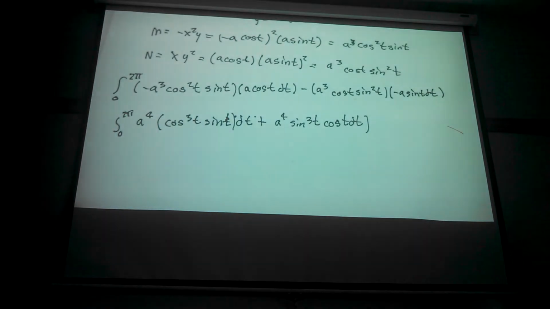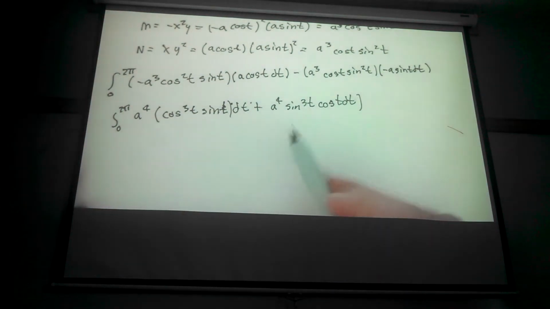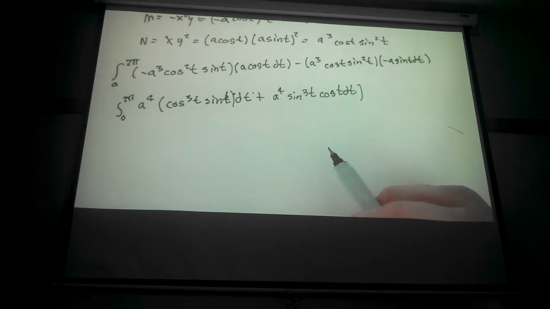Okay. Now looking at the first part of the integral, since this is addition, we can have these two be integrated separately.